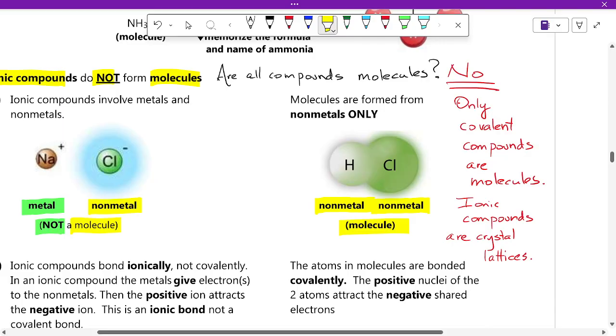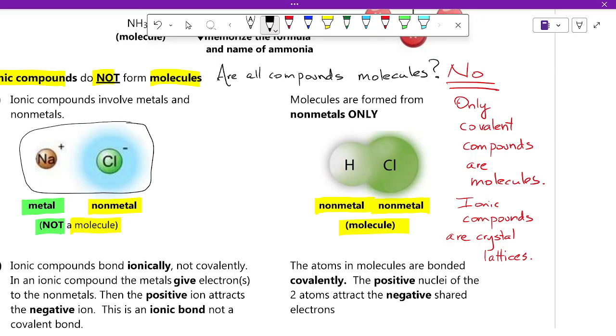What would we call this thing where we have one sodium ion and one chloride ion? This is called a formula unit.